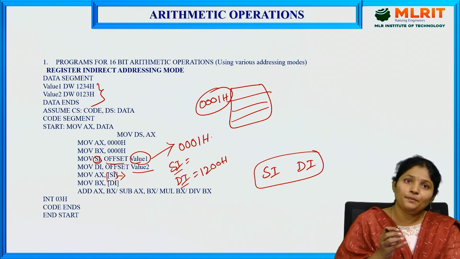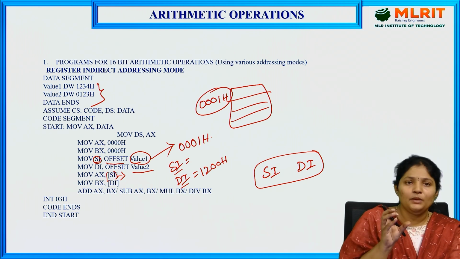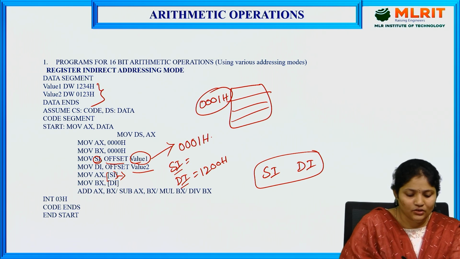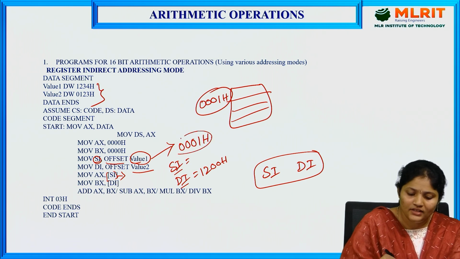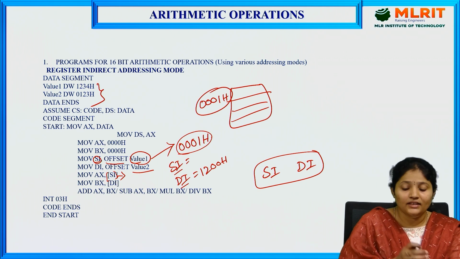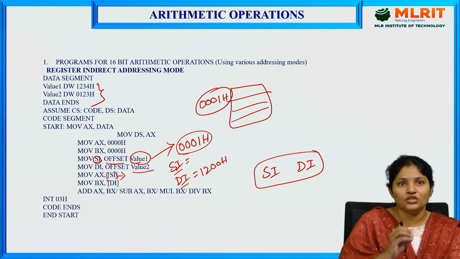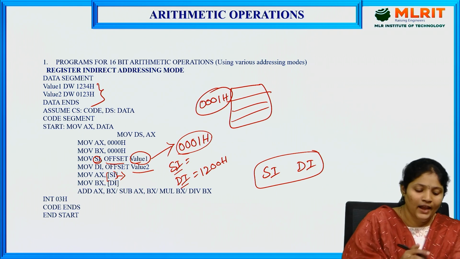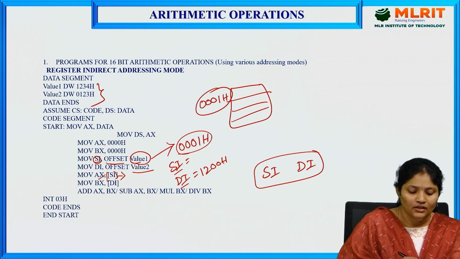So whatever data is present in SI will be the address of that memory location. What is the value of SI? 0001. So here we are saying that the data present in the location 0001H will be fetched and moved to the AX register.